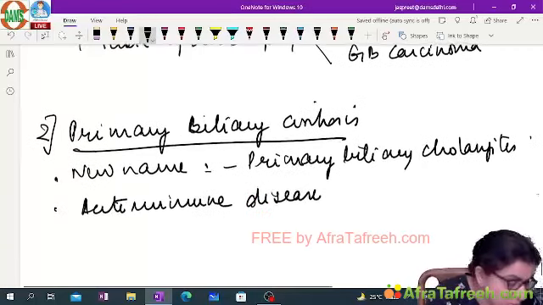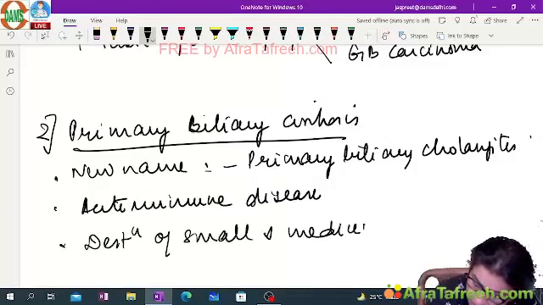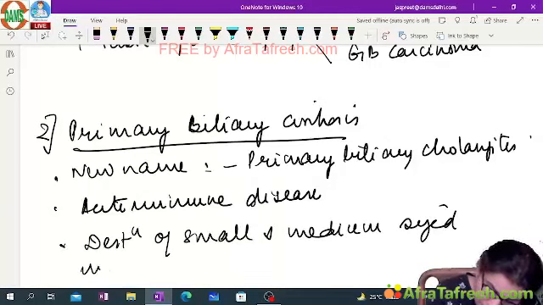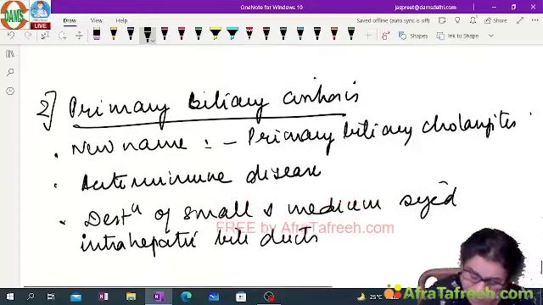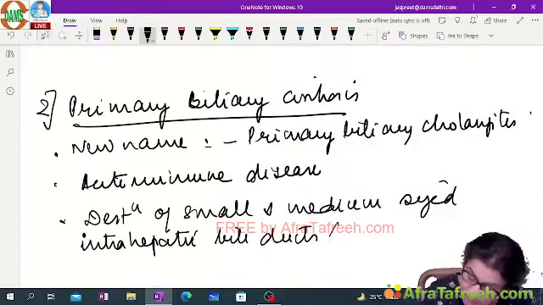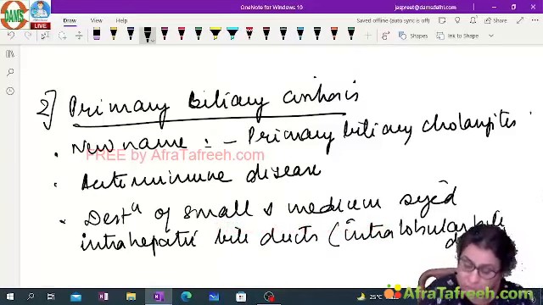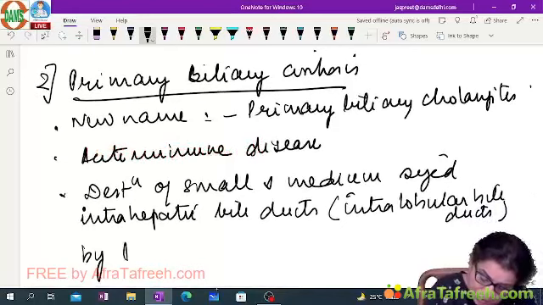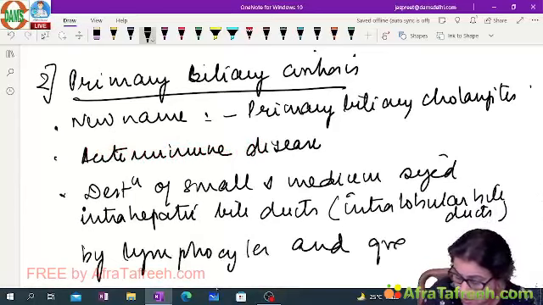In this autoimmune disease, there is destruction of small and medium-sized intrahepatic bile ducts, like the intralobular bile ducts, which are inside the lobule of the liver, by lymphocytes and granulomas.